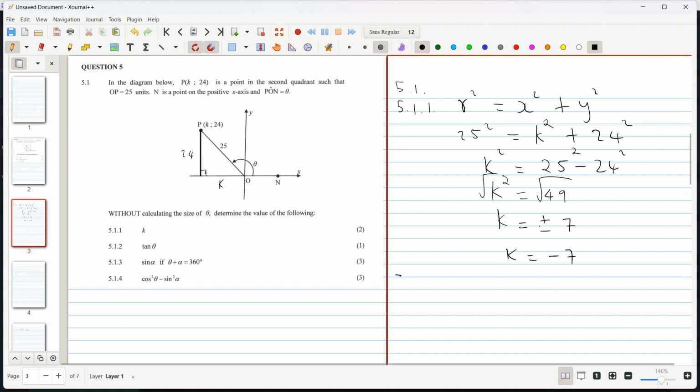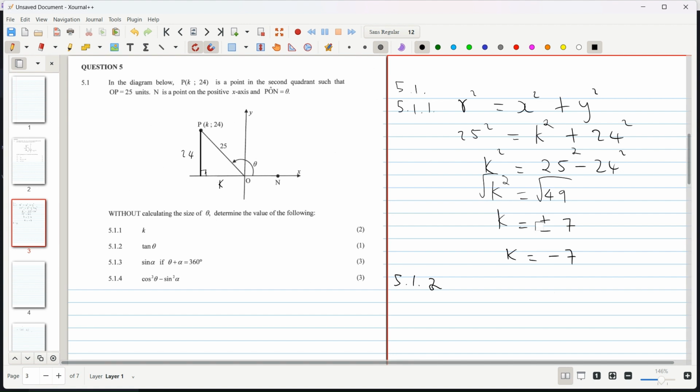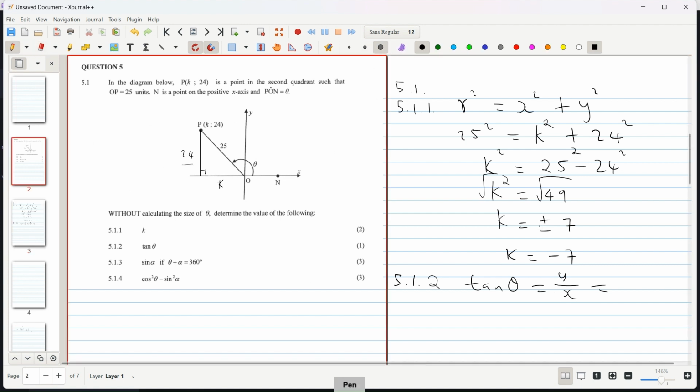Then moving forward to 5.1.2, they ask us to determine tan theta. We know that tan theta is opposite over adjacent. What is our y value? The y value we know is 24.